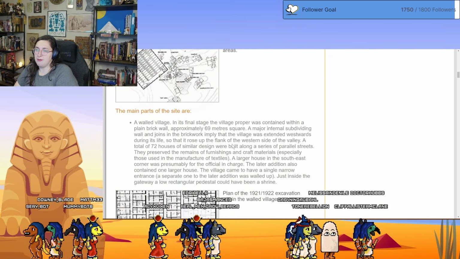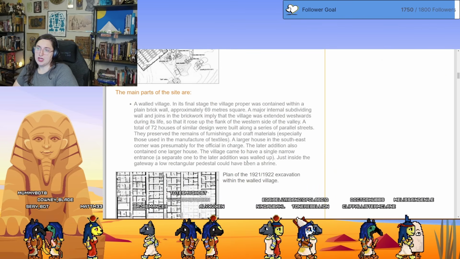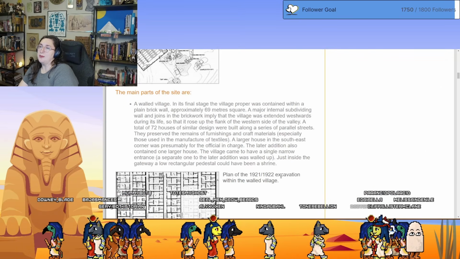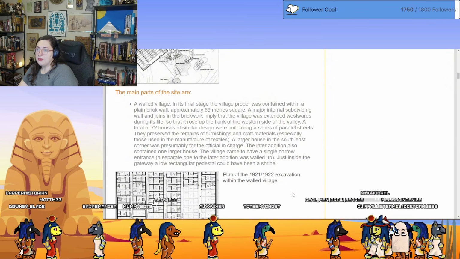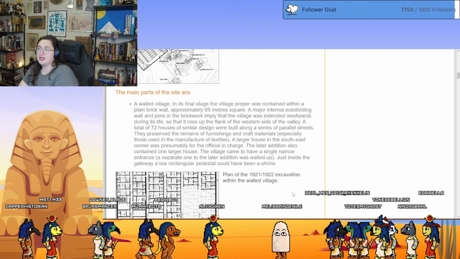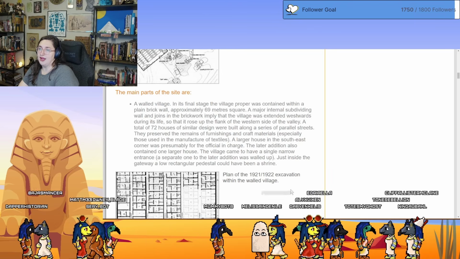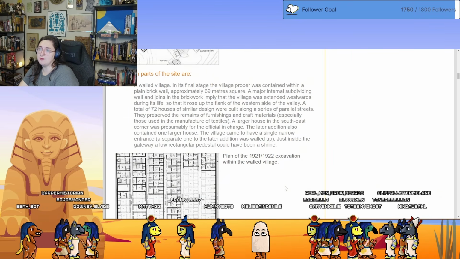So there's the map. The main part of the site is a walled village. In its final stage, the village proper was contained within a plain brick wall, approximately a 69-meter square area. The major internal subdividing walls and joins in the brickwork imply the village was extended westwards during its life so that it rose up the flank of the western side of the valley. A total of 72 houses of similar design were built along a series of parallel streets.